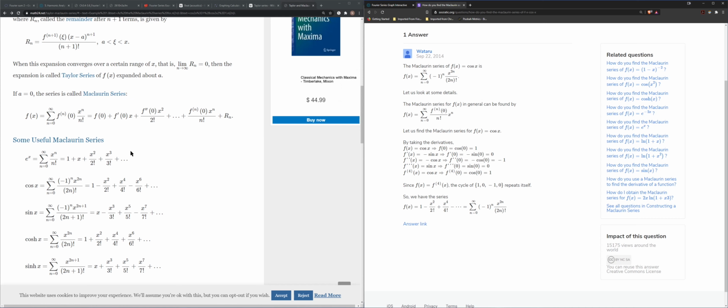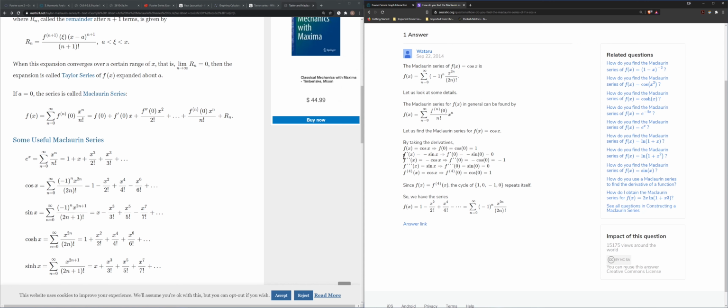And the first term over here is f of 0. So I put in x is equal to 0, and that gives me cosine of 0, which is 1 over here, right? Then to get the coefficient of the x here, that's f prime of 0 according to Maclaurin, right?